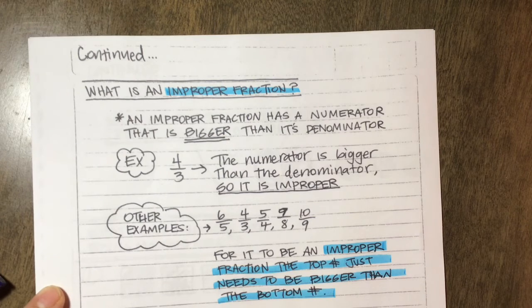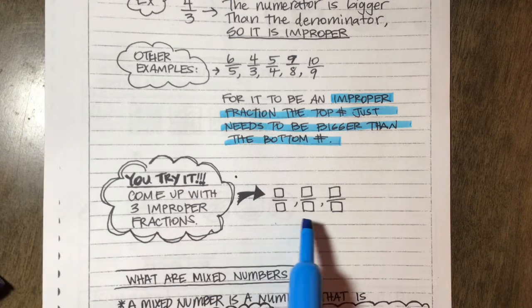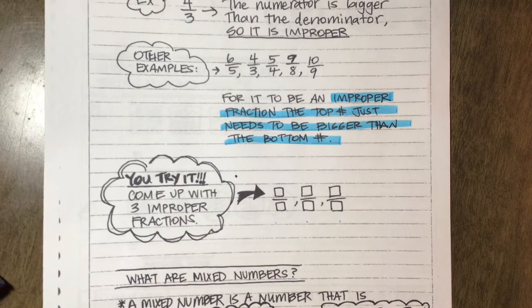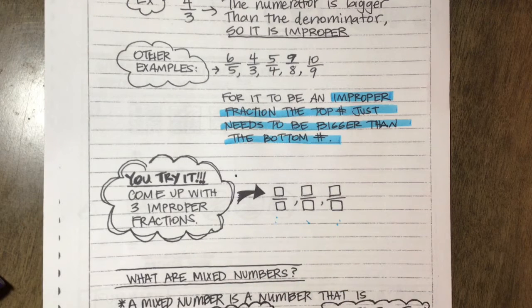Now, just as a little practice here on your packet, I want you to go ahead and give me 3 improper fractions you can think of. There's no specific idea to this, just give me 3 improper fractions off the top of your head. If you want, go ahead and pause the video just so you have a moment to do it, and that way we can move forward.